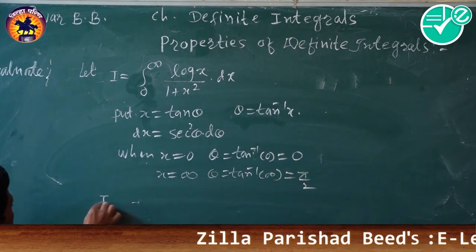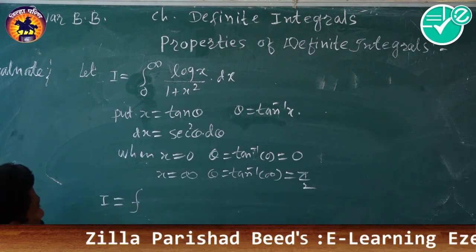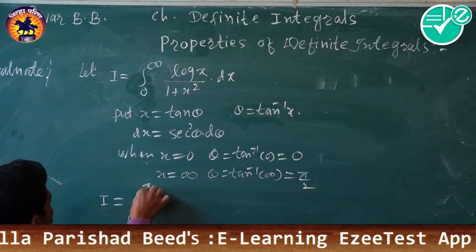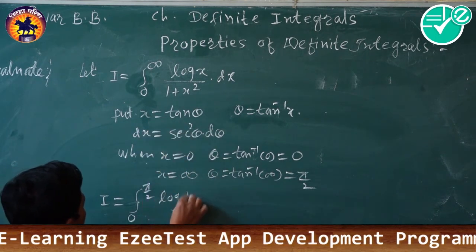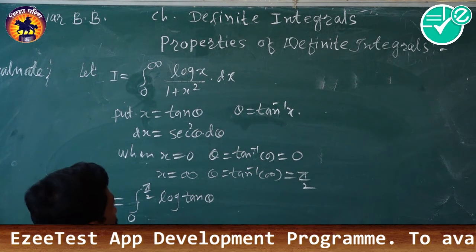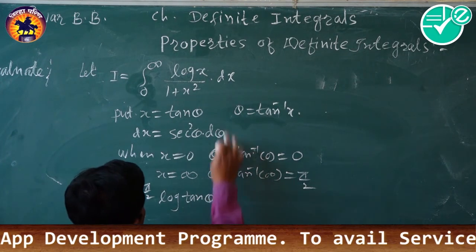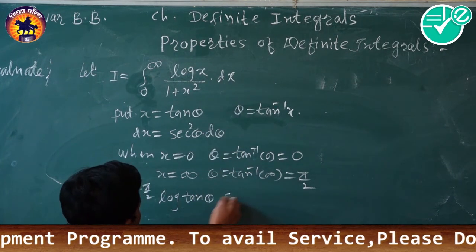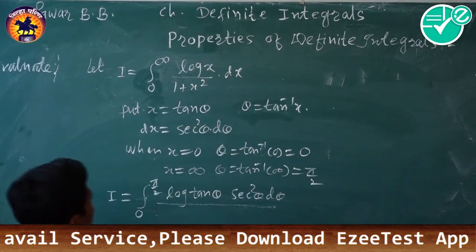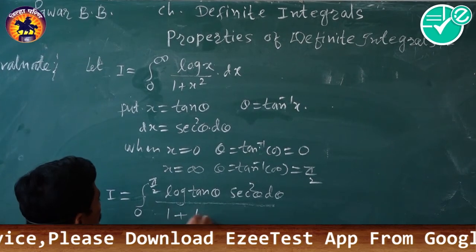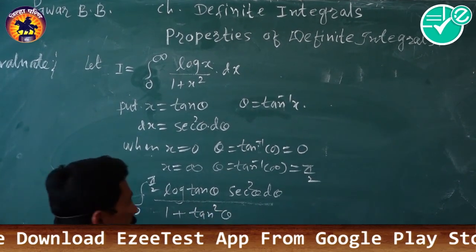Hence I becomes integration from 0 to pi by 2 of log of x, meaning tan theta, into the value of dx, which is sec square theta d theta, divided by 1 plus tan square theta.